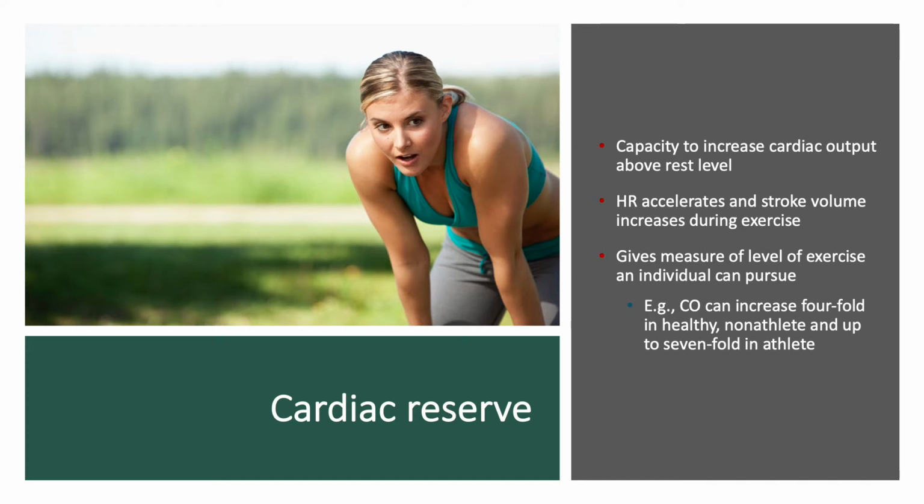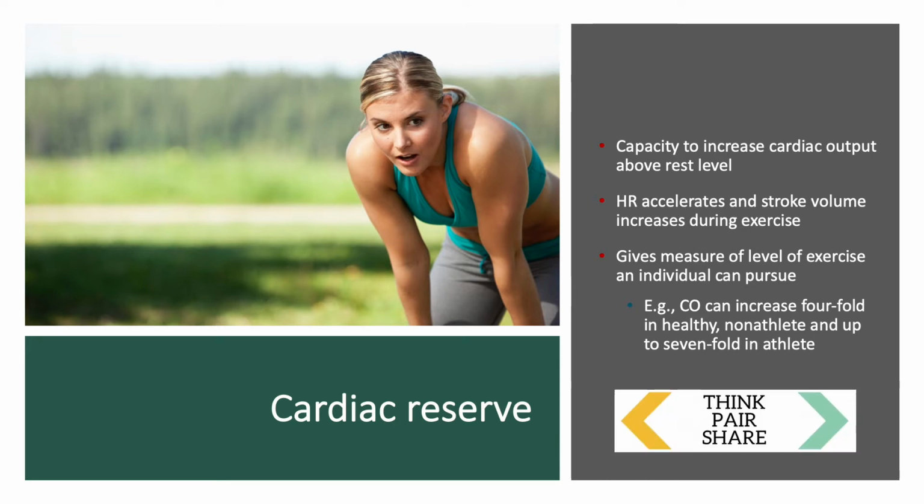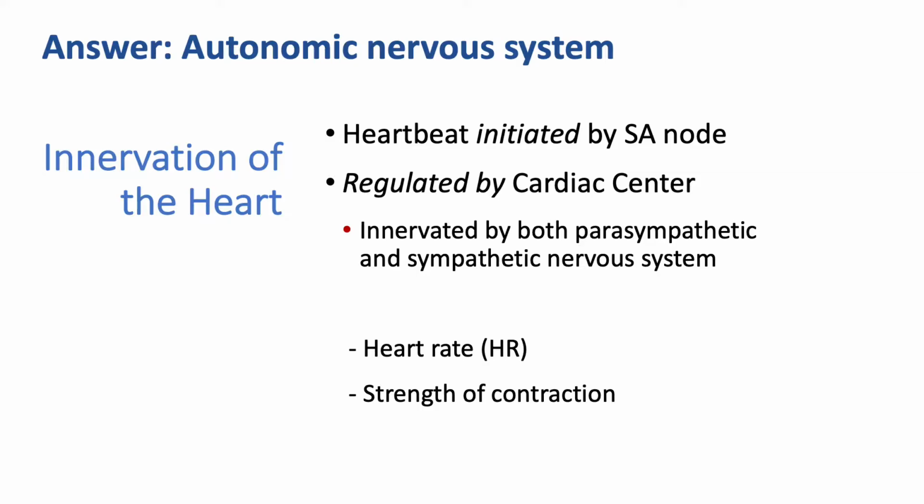Okay? But I want you to think about this then. How can cardiac output, which is a determinant of heart rate and stroke volume, vary so much depending on activity? Well, you might have said the autonomic nervous system, in which case you would be correct.